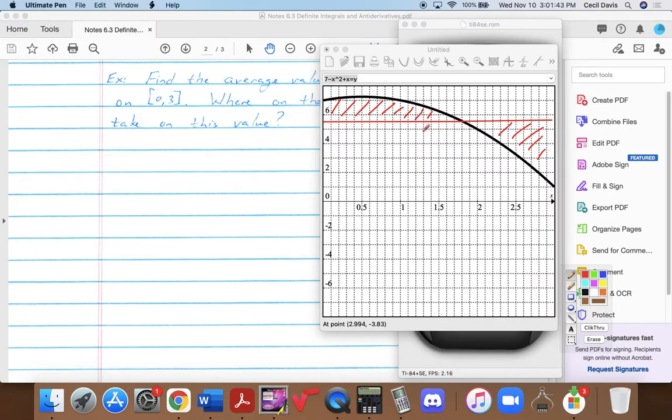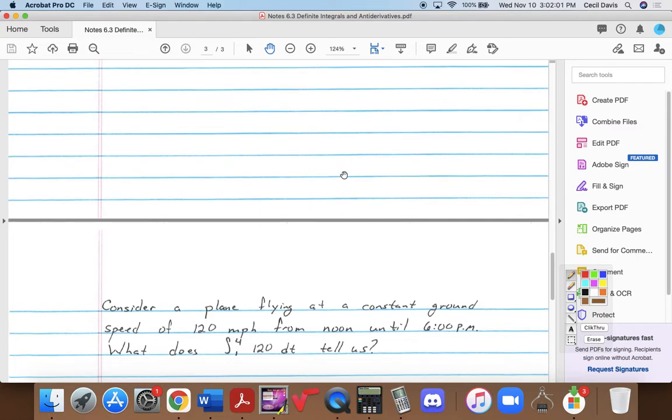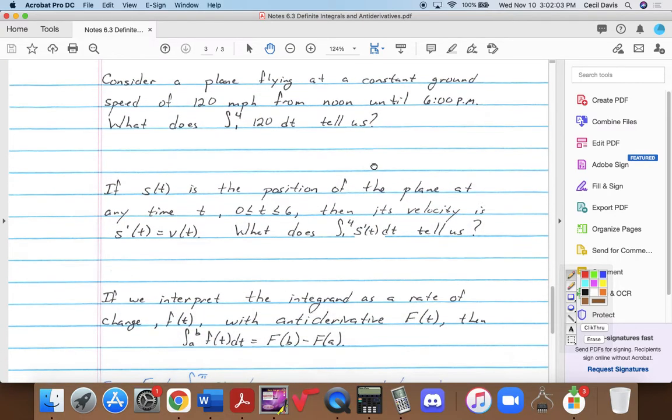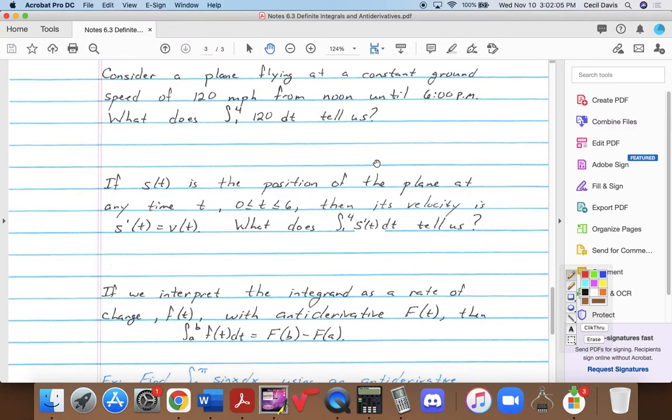It's a little bit hard to see because this one is wider than that one. Okay, but that's the idea behind the average value of a function. So that's one of the things you can use an integral for. So let's look at a couple of other things.